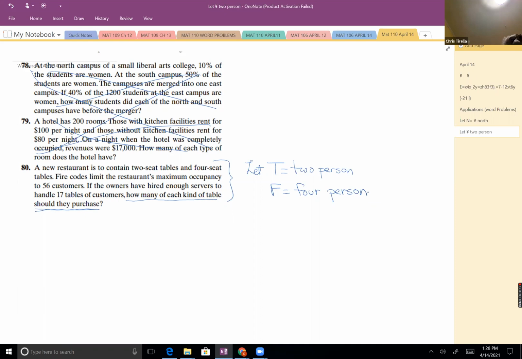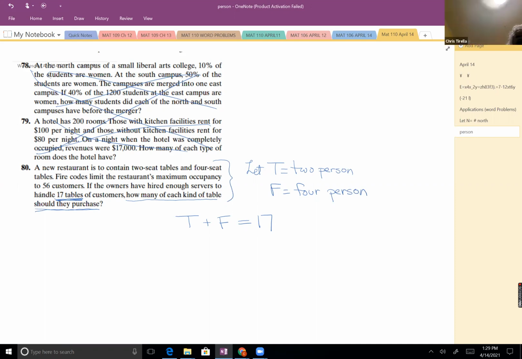We've got 2 variables, so we need 2 equations. If they can have 17 tables altogether, what would that equation look like? The total of the tables, T plus F, is 17.